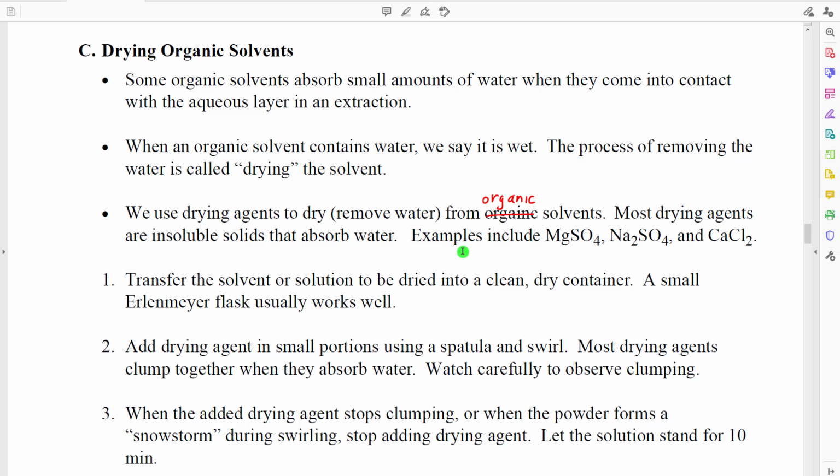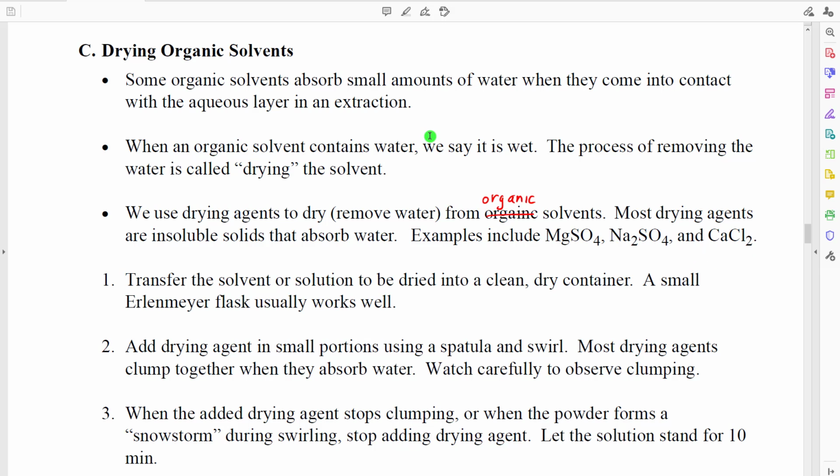Examples of drying agents that are commonly used in organic chemistry include magnesium sulfate, sodium sulfate, and calcium chloride. Each of these has its strengths and weaknesses, and so the solid that would be used would depend on those strengths and weaknesses and what was available.